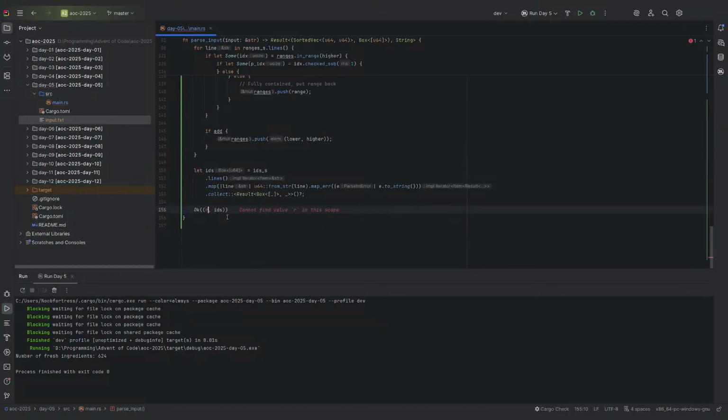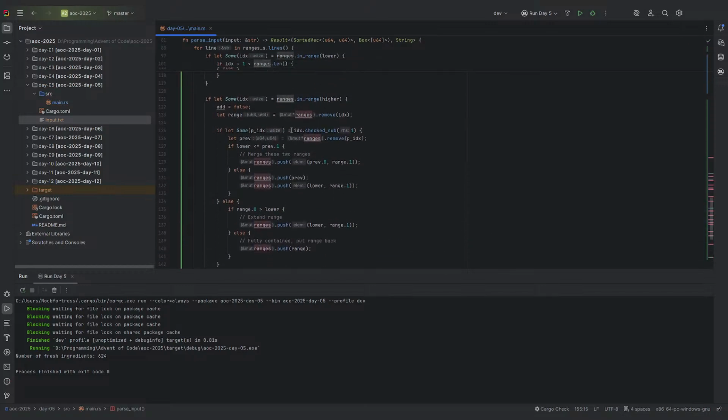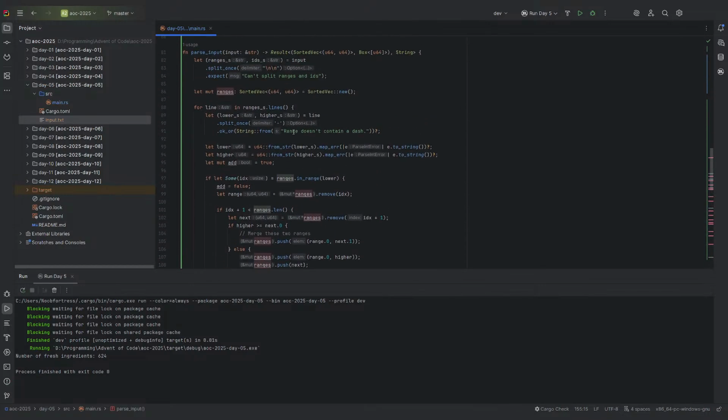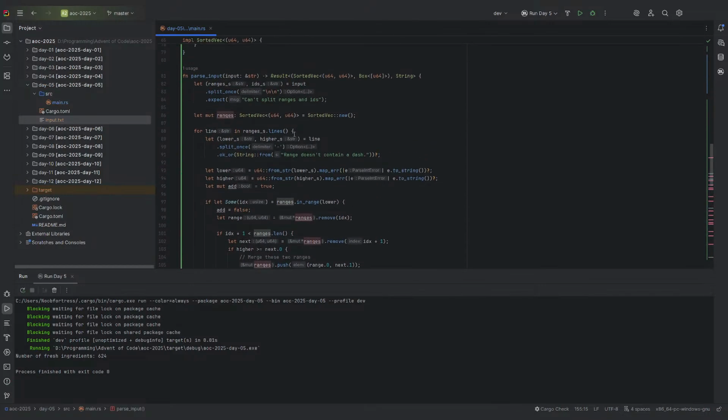Gonna be something wrong with parse function somewhere. I mean, I could technically write a naive solution still.